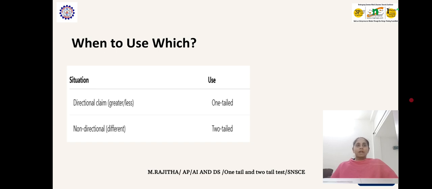This test will only detect an effect in that specified direction. However, if the hypothesis does not specify a direction or if we are equally interested in change in both directions, then a two-tailed test is more suitable.